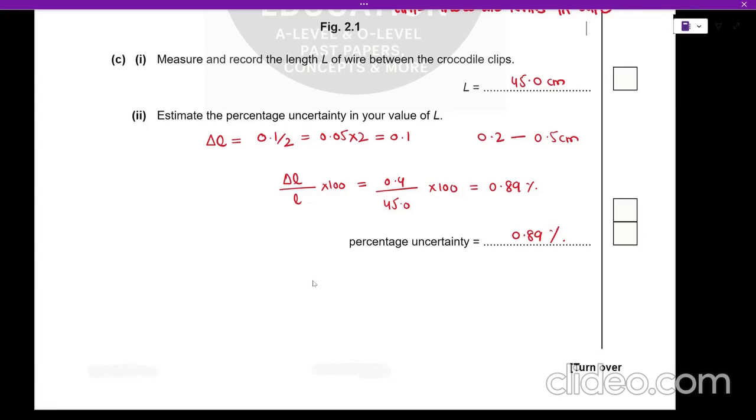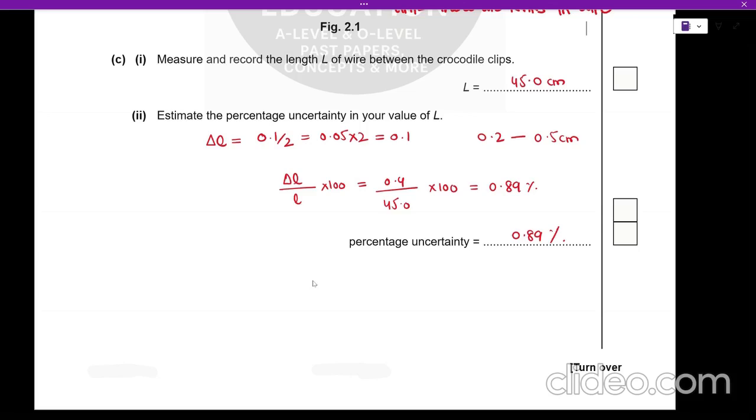But as we take the measurement two times, one time at the zero scale, after which the value is obtained, for example 45.0 centimeter, we multiply it by 2, so 0.1 is obtained as the absolute uncertainty. But we do not take this as our absolute uncertainty, because some errors are also involved in it.